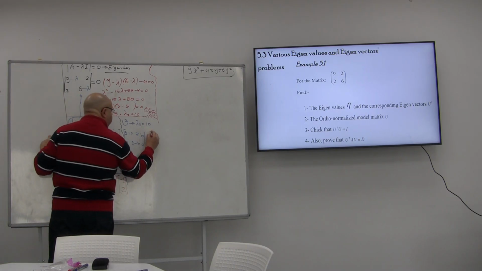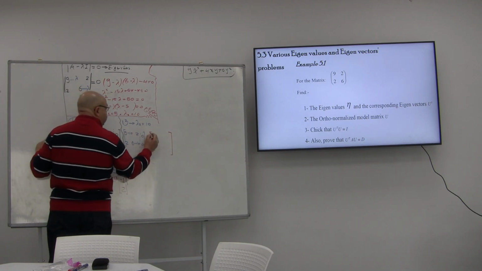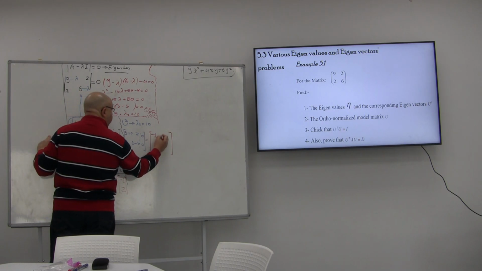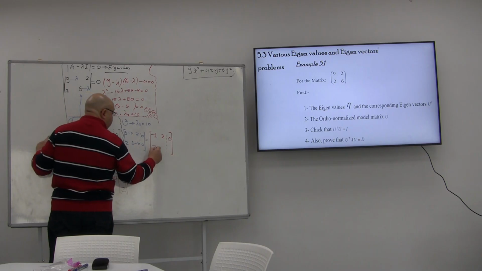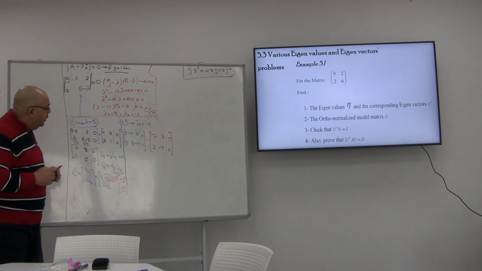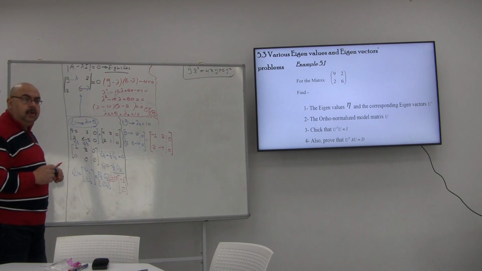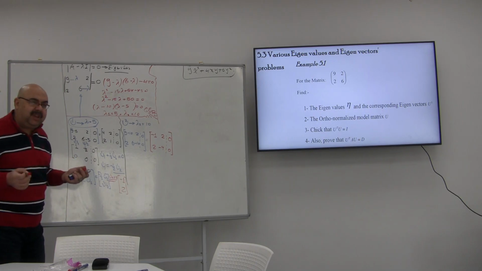Then go for the next step. The next step will be, I will have the following. 9 minus 10 is going to be a negative of 1. This is 2, and that's a 0. Then negative 1, this is going to be a 2, then a negative 4 and 0. Can you remark? There is a relation or a ratio connecting the first row and the second row. Yes? If you multiply the first row by -2, you will have the second row.